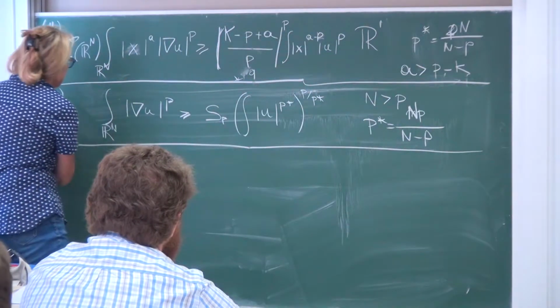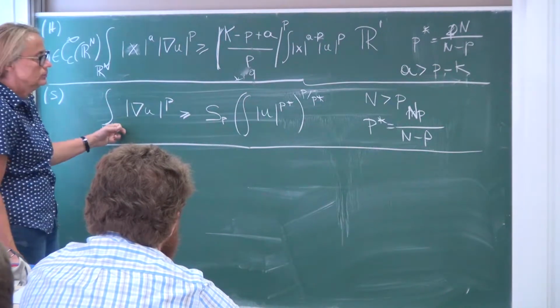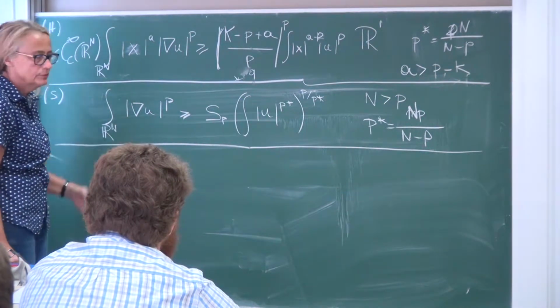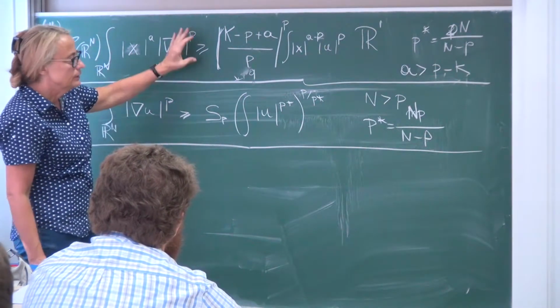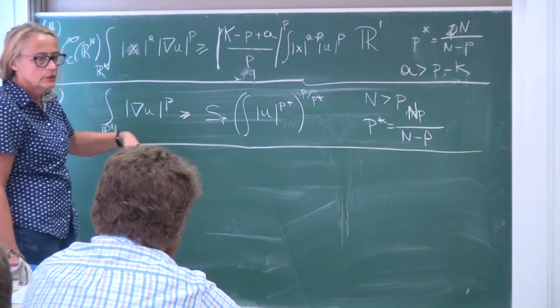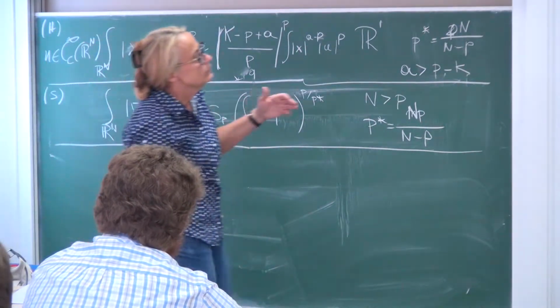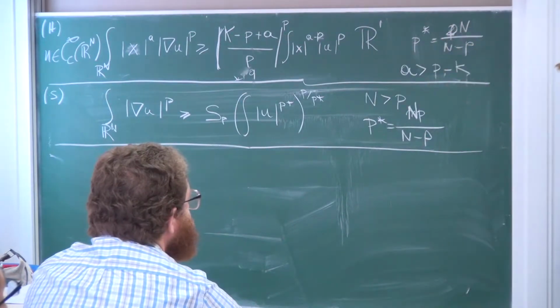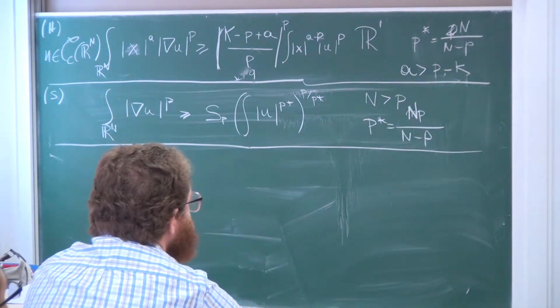So when the Hardy inequality and the Sobolev inequality are available, then by interpolating them via Hölder inequality, you are able to cover a number of cases in these conclusions.